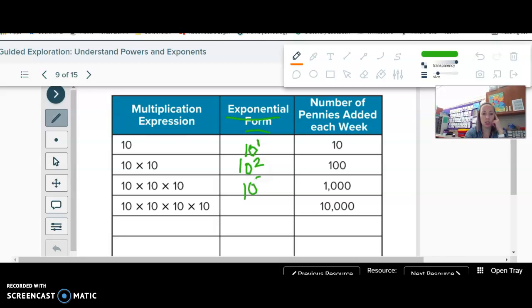This one is 10 to the third power because there are 3 10s. I bet you know what this one is. It's 10 to the fourth power. So it both matches how many times I multiplied 10 together, and it also matches the number of zeros. You need to pause and write that, copy that, go ahead.